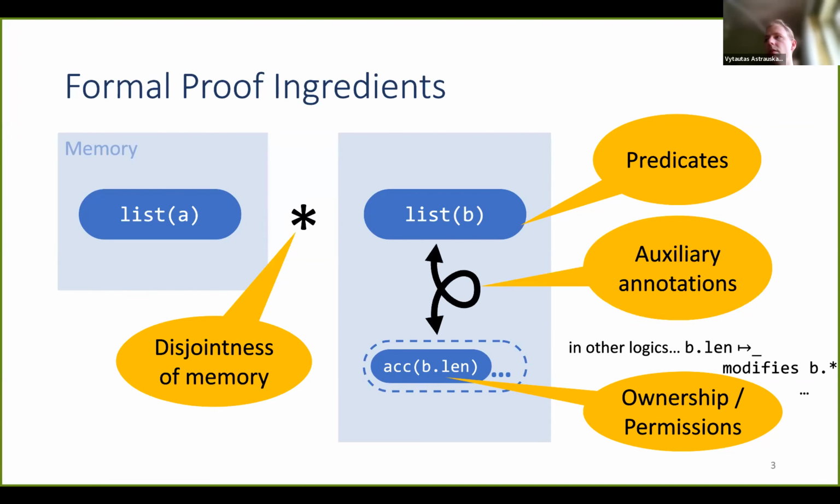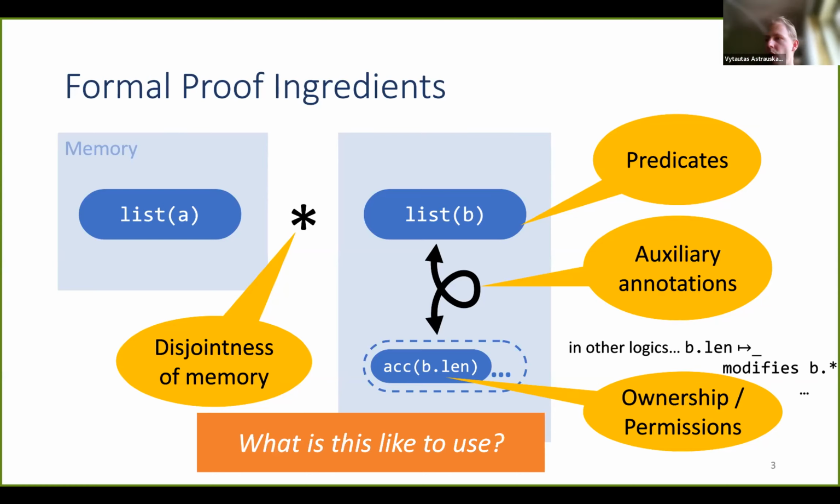And the last crucial ingredient is a way of going from one abstraction to another, that is, reshaping permissions, for example, via auxiliary annotations. Because when we want to do an access, we need b.len permission, but it potentially is hidden inside the predicate. So we need a way to go from the list into the field and then back.